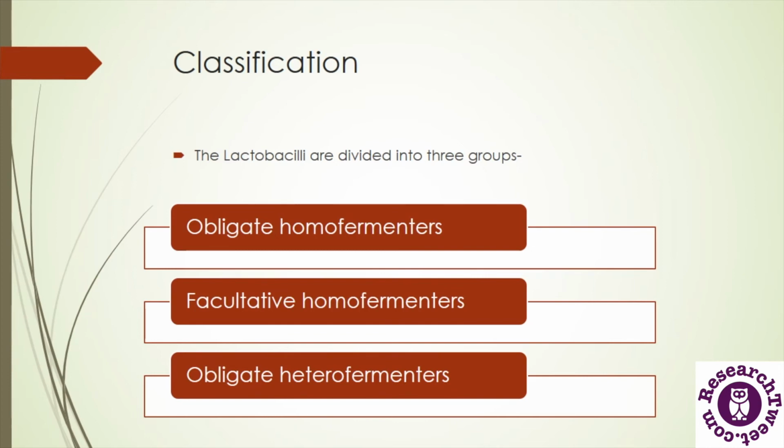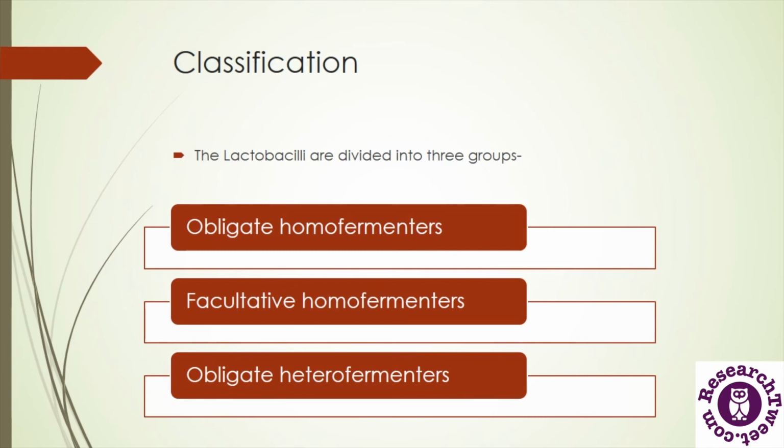Now, the obligate homofermenters can ferment the hexose sugar like glucose or fructose into lactic acid almost entirely. But the facultative homofermenters, which are the second type of Lactobacilli bacteria, have the ability to convert the hexose sugar into lactic acid as well as sometimes into acetic acid, formic acid and ethanol also.